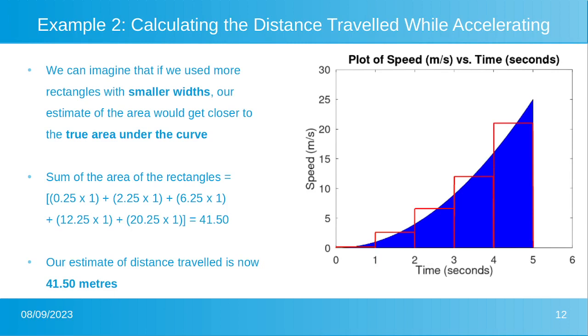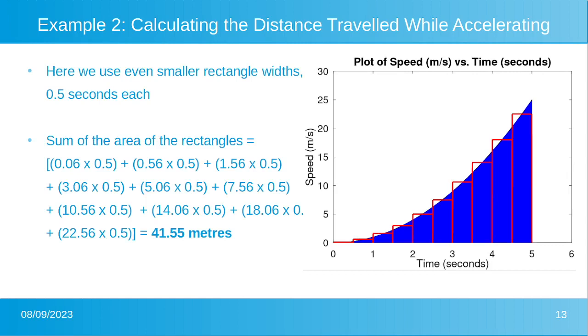And we add up those areas and we get an answer of 41.50 units. So now, using a larger number of rectangles, 5 rectangles this time, our estimate of distance traveled is now 41.50 meters. So our estimate has changed by about 2.5 units.